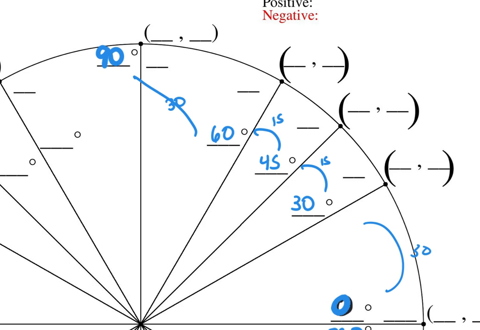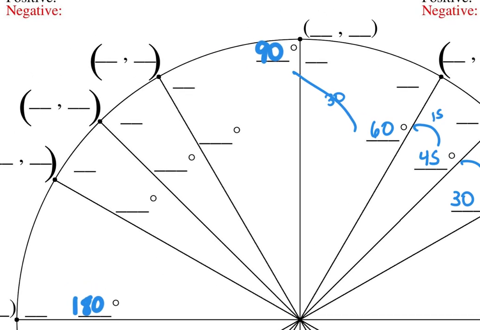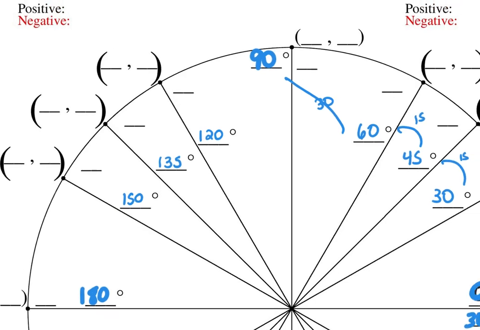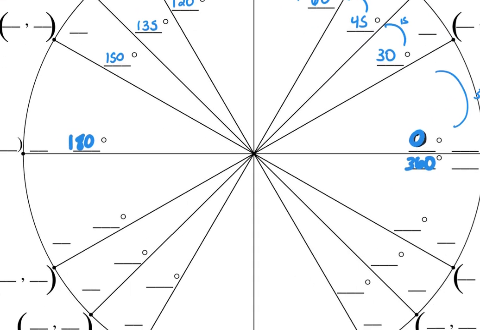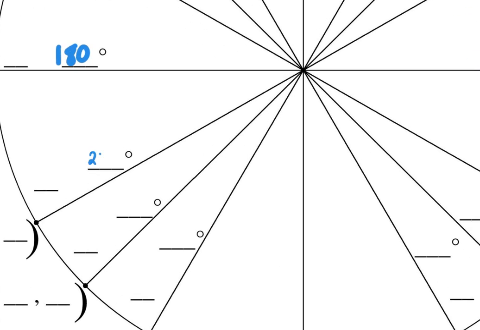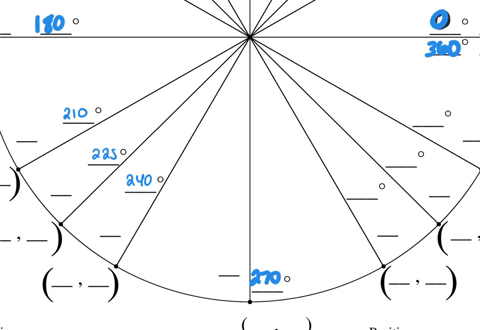I'm going to keep going. I go to the second quadrant. I add 30, I get 120. I add 15, I get 135. I add 15, I get 150. I add 30, I'm at 180. Do it again. Next quadrant, 30, 210, 15, 225, 15, 240, 30 brings me to the 270.